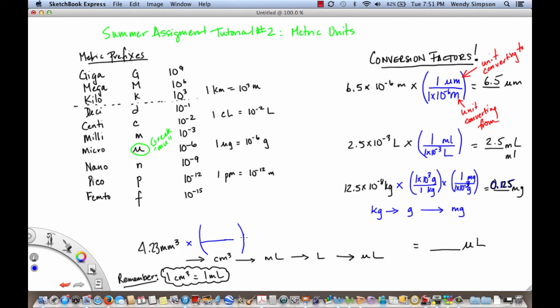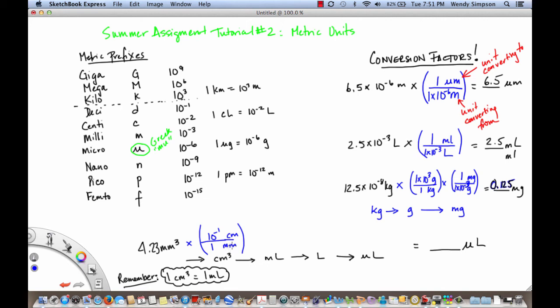I know regularly that there's 10 to the minus first centimeters in 1 millimeter. Okay, that there is a tenth of a centimeter in a millimeter, but we need this to be volume.